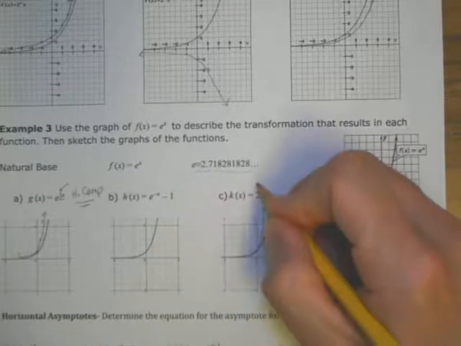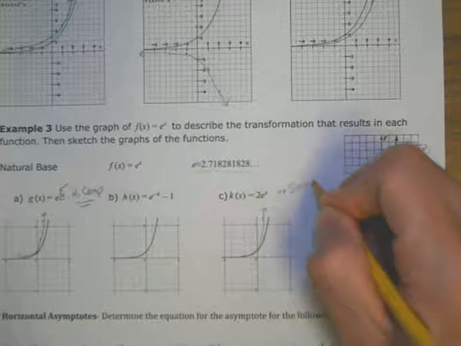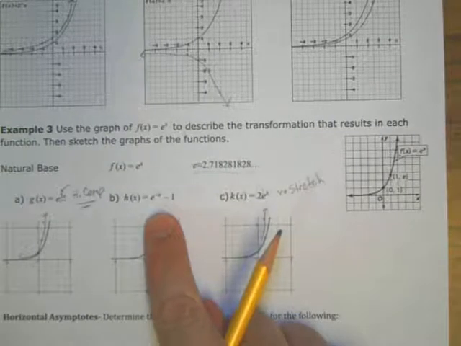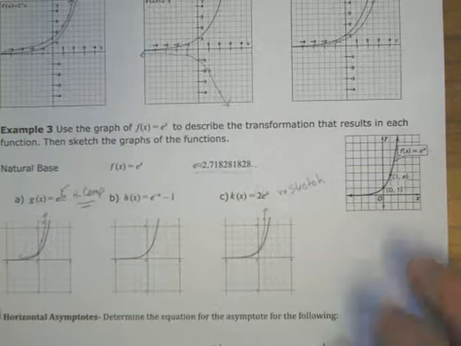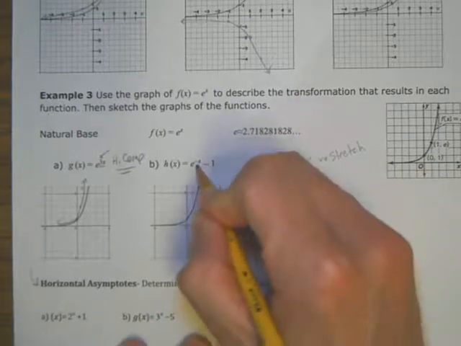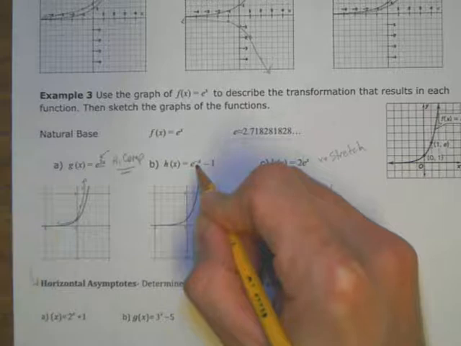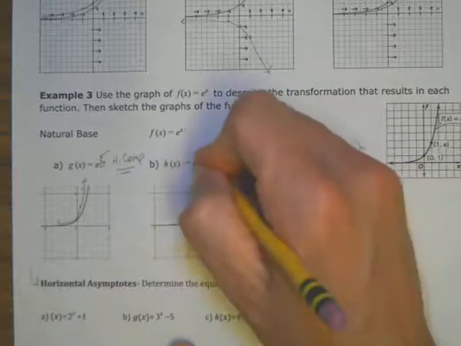Alright, this one here is where we're going to talk about, and it's going to lead us into our next last part, horizontal asymptotes. The negative here, if b is negative, makes it a horizontal reflection, which means reflect over y. So it's just going to flip and switch around.